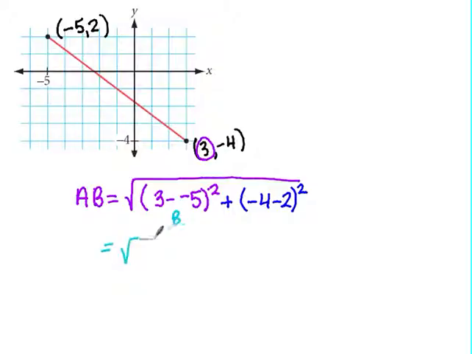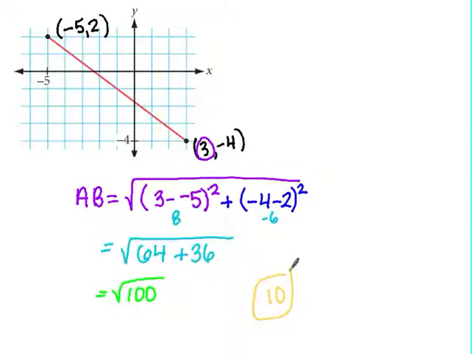Square it, you get 64. Here, negative 4 minus 2 is negative 6. Square it, you get 36. So I end up getting the square root of 100, which is 10. So what's happening is you're subtracting the x's and the y's, you're finding the horizontal and the vertical parts of your right triangle. Questions?